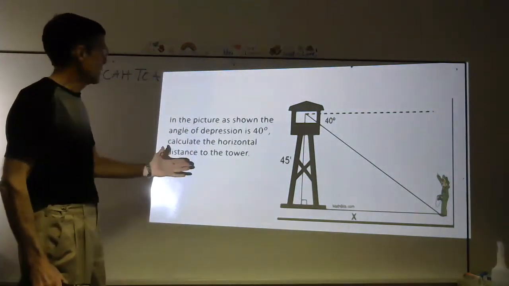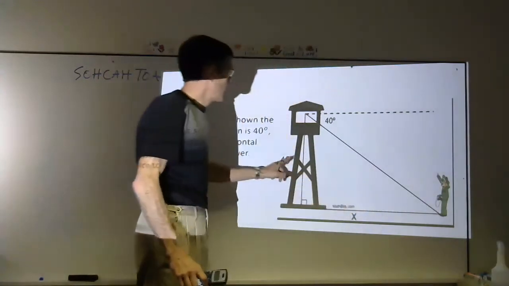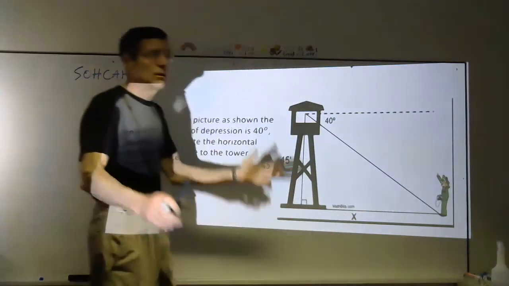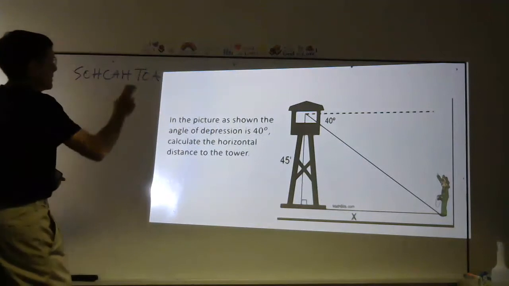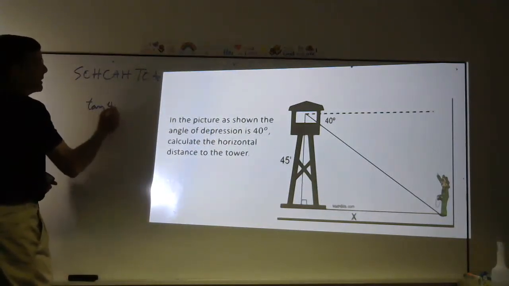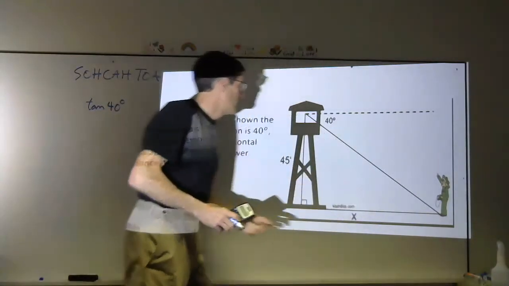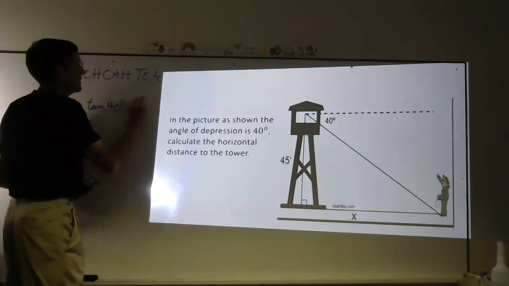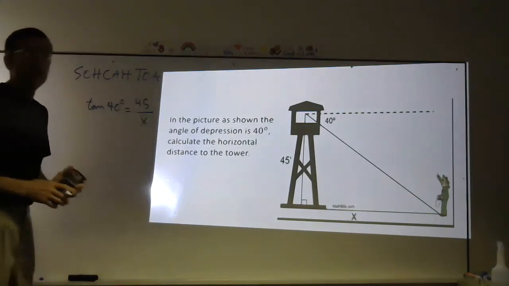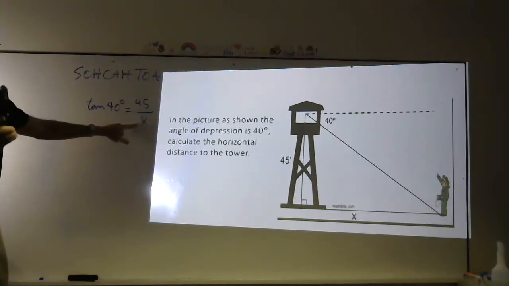We want to calculate the horizontal distance to the tower. This is 40. Opposite side, adjacent, that's tangent. So I have the tangent of 40 degrees, that angle down there in the corner, same as that one, is 45 over x. And do you see, once again, if you go to cross multiply here, you don't get the answer right away.